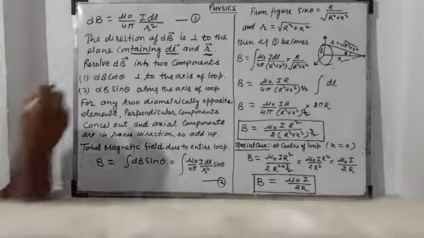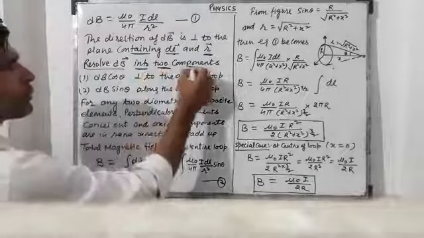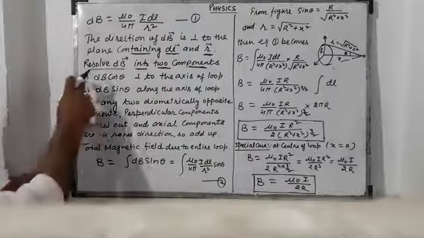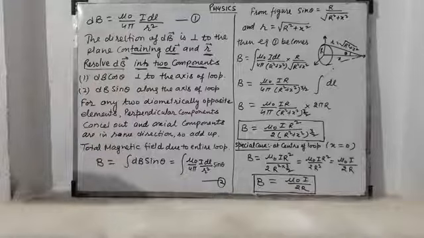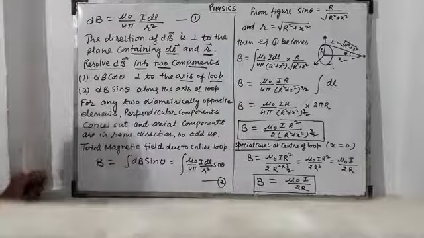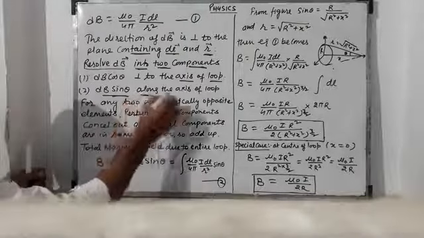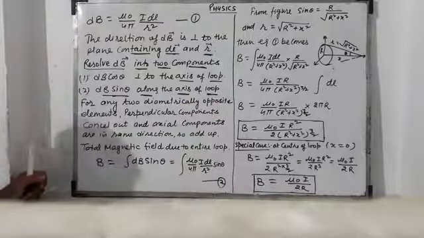Now we resolve dB into two components. The first component is dB cos theta, which is perpendicular to the axis of the loop. The second, dB sin theta, is along the axis of the loop.